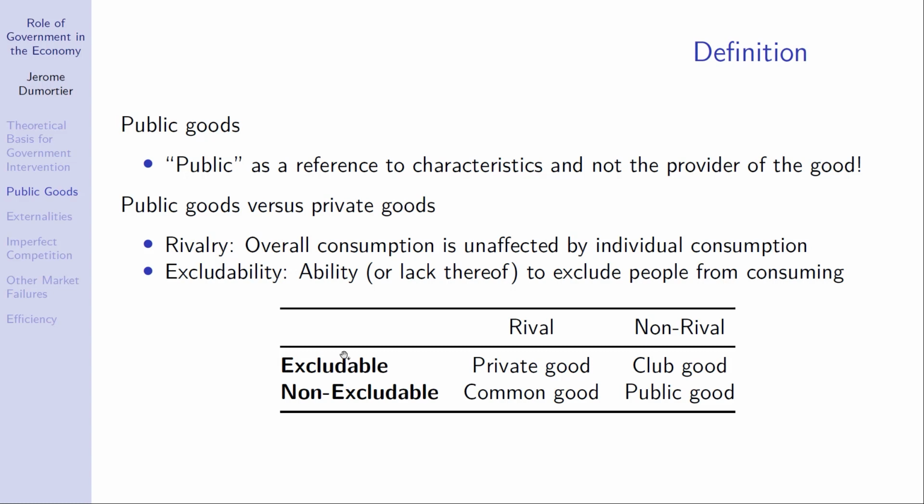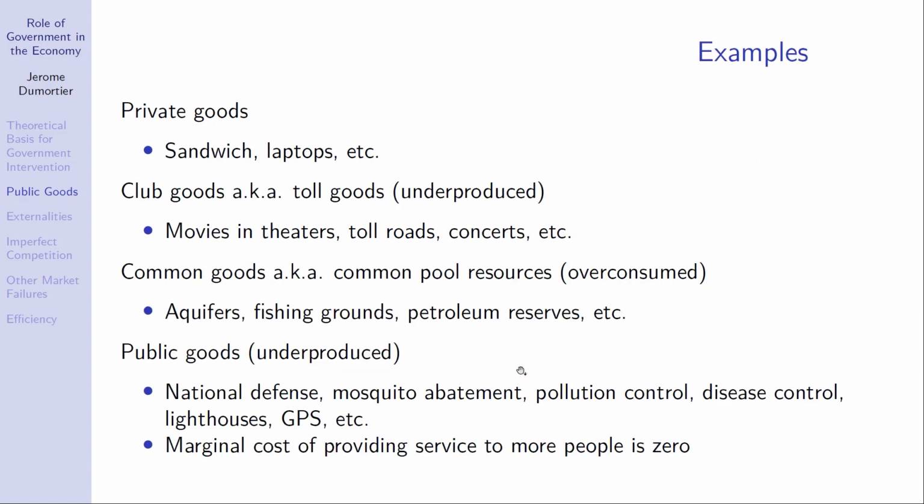It's not provided by the government because it is a private investment, but I cannot exclude people from using the street light, and it doesn't matter how many people are using it, the consumption is non-rival.